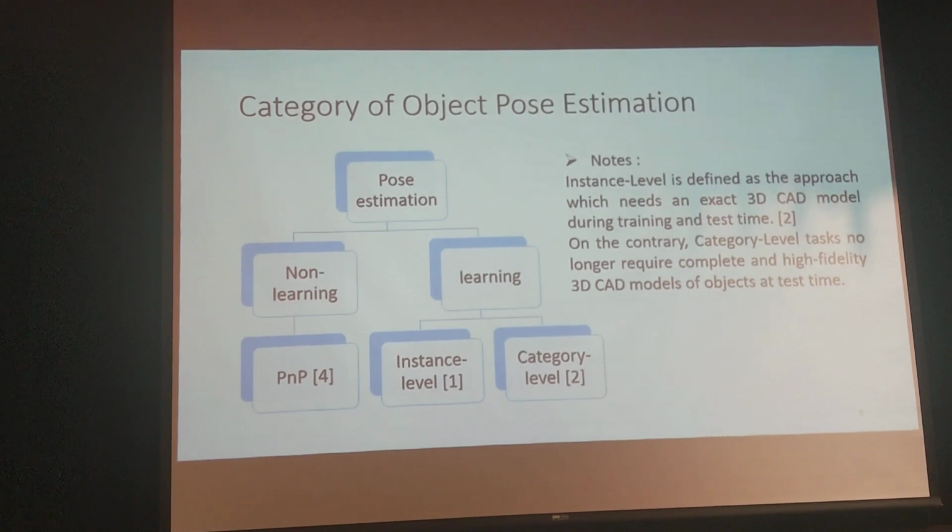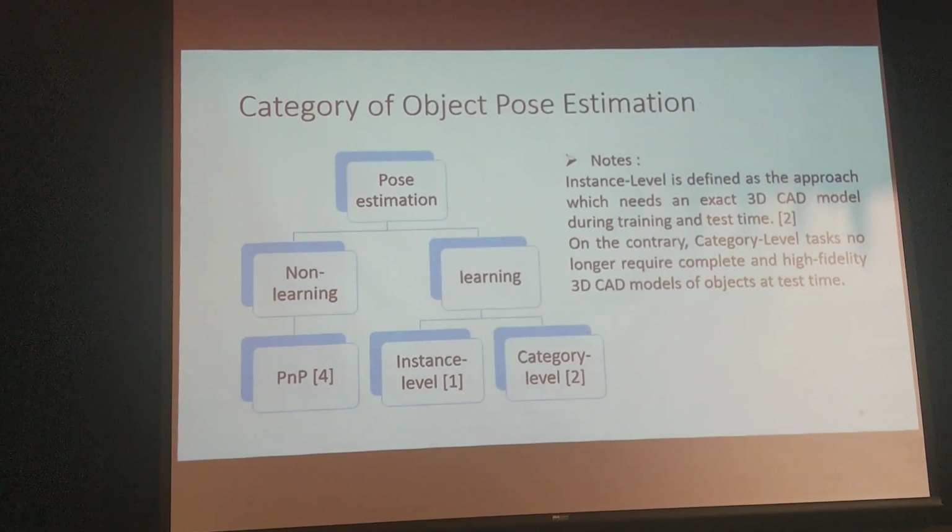Pose estimation tasks can roughly be separated into two domains: the non-learning approach and the learning approach. In the learning approach, instance level and category level are different research subjects that researchers have taken interest in in recent years.